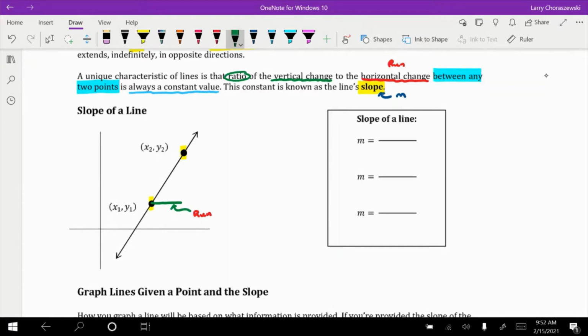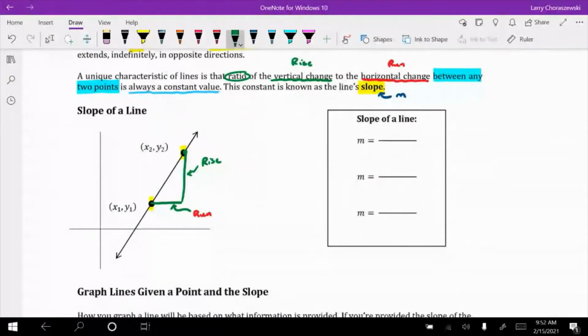Now that we're underneath the point x2, y2, we can go up to that point to finally reach our destination. And how far we go up is what we mean by the vertical change. And there's an R word for this as well. It's rise, exactly. So vertical change is interchangeable with the word rise.